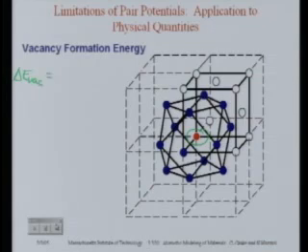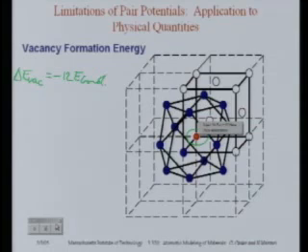Okay, what do I destroy? I destroy 12 bonds, because this atom is coordinated 12-fold in FCC. So I lose 12 times the bond energy. But then, of course, I put it back somewhere in the bulk, and so I gain the cohesive energy of one atom.